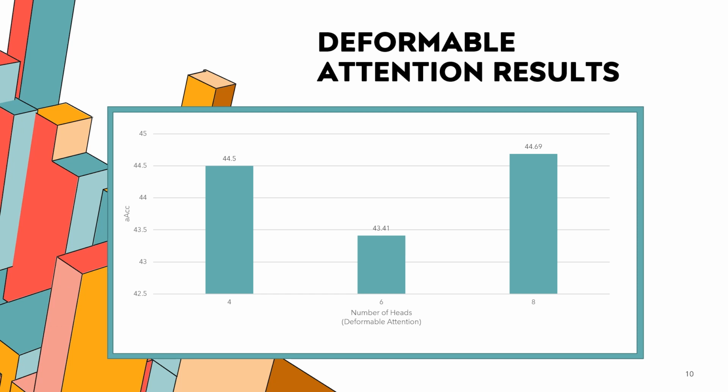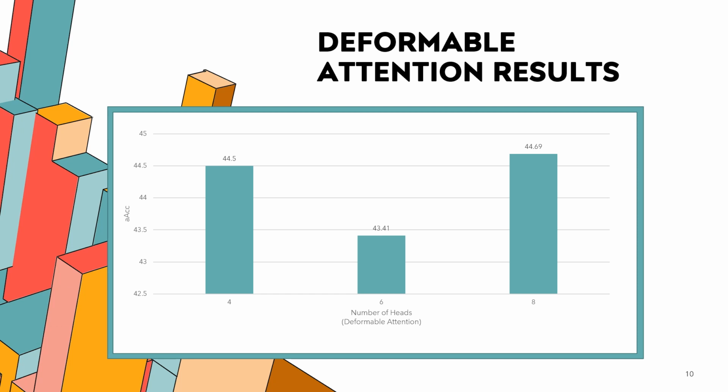It would be interesting to test different configurations such as maybe 12 or 16 heads to see if the accuracy continues to increase when you increase the number of heads, or if at a certain point extra heads just become redundant.